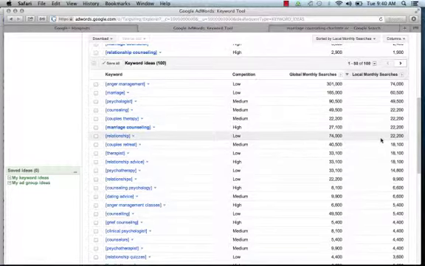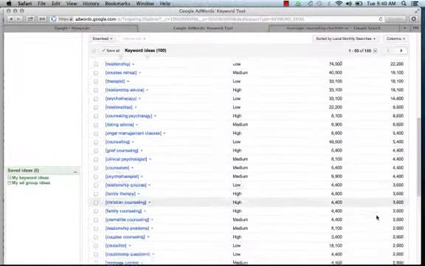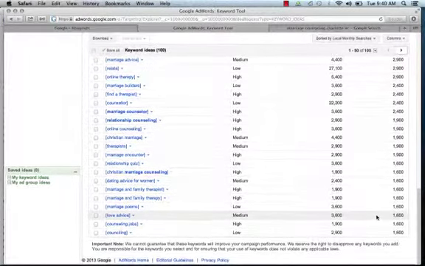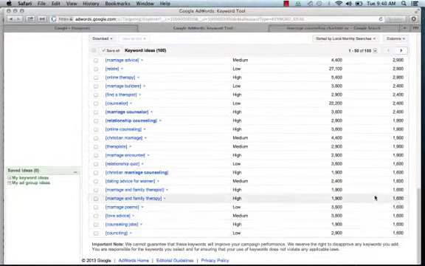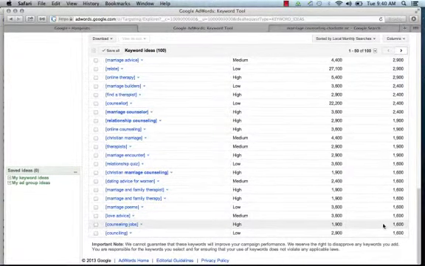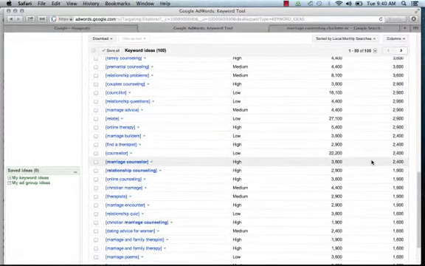Well, it's probably better to start out competing for some of these lower searched terms because the big boys aren't competing for them, okay? The big boys aren't going for these ones that have 2,000 or less, maybe 1,000 or less.